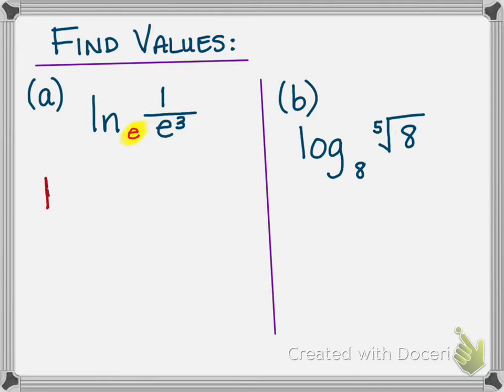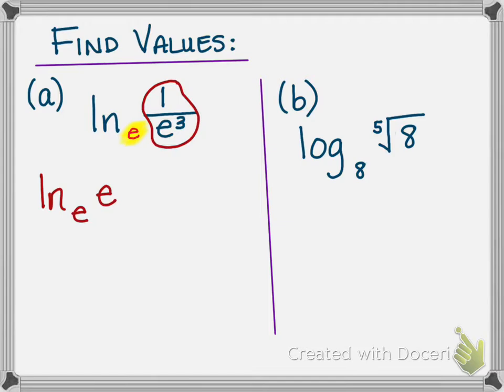So here is my ln, okay? And I know I have an invisible e here. I'm going to just leave it there. And I know I need another e here so that I can do my smiling face. So how can I rewrite it? Well, we already talked about that. Remember I told you 1 over e to the third means reciprocal.